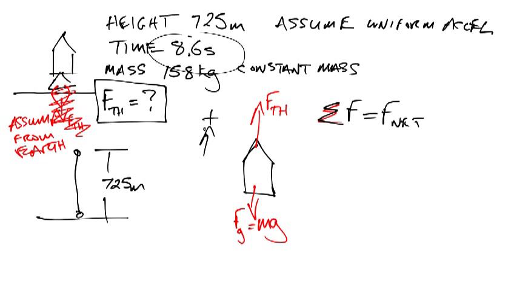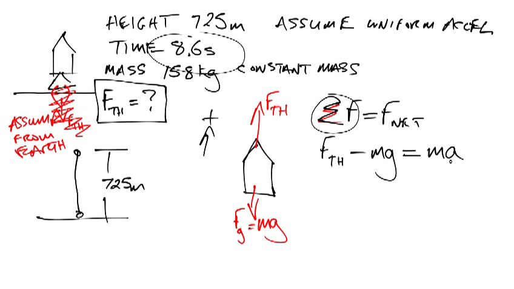So if I say up is positive, that means F thrust is positive and gravity, being mg, is negative because it's down. Now realize that this does mean summation. I'm simply adding a negative. Adding a negative is like subtracting a positive. It's the same thing. So now I can say that's equal to F net, but F net is ma.